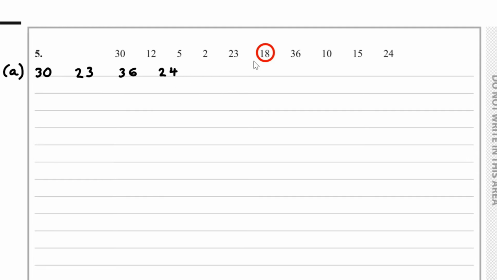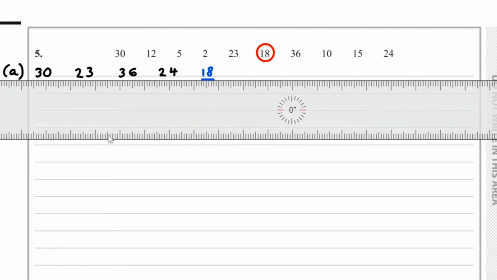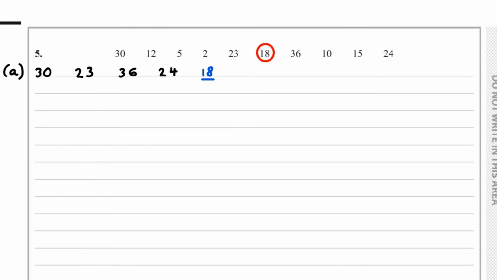And then we write down the 18 and underline it, indicating we've already used this as a pivot, and then everything smaller than the 18 we write to the right. So we've got the 12, we've got the 5, we've got the 2, we've got the 10, the 15 as well. So this is our first pass complete.